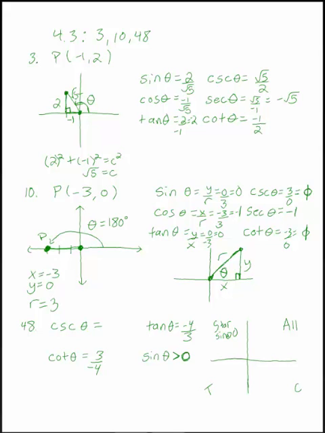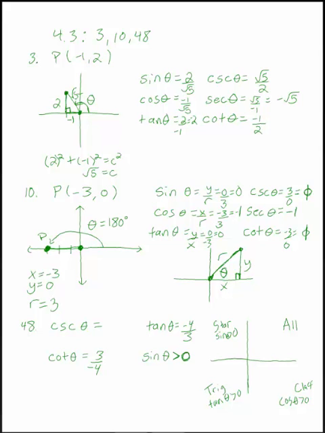The T, all-star trig, that stands for tan of theta being positive. And the C, class, that stands for cosine of theta being positive. So I can use that little mnemonic to remember what functions are positive in what quadrants, and then I can use that to quickly solve problems.